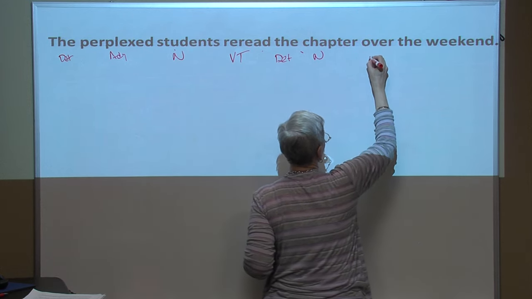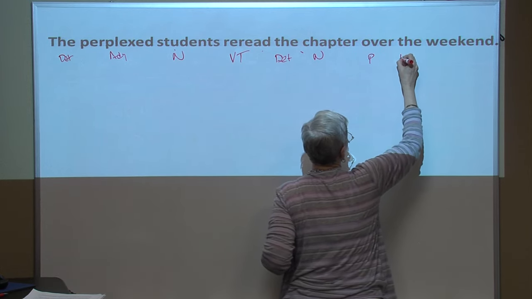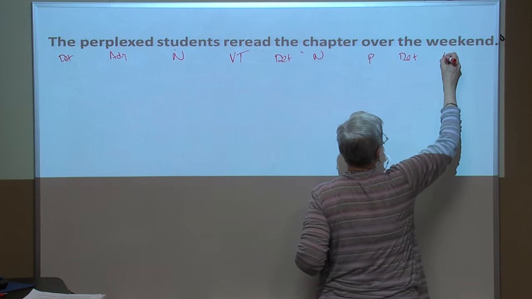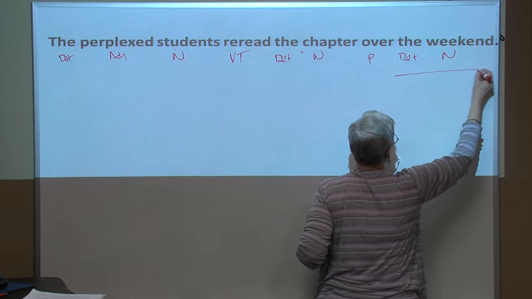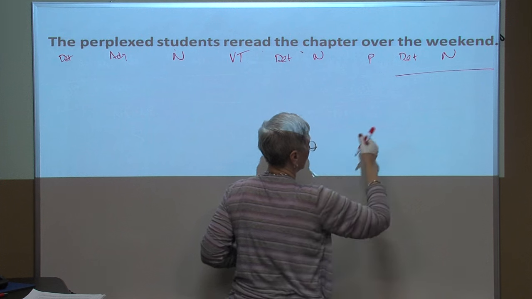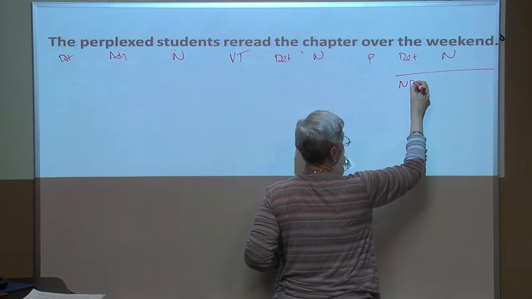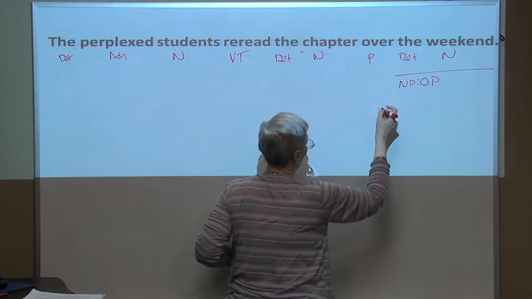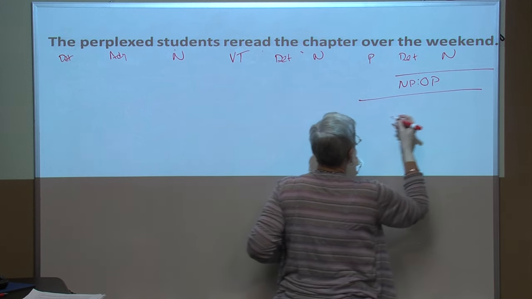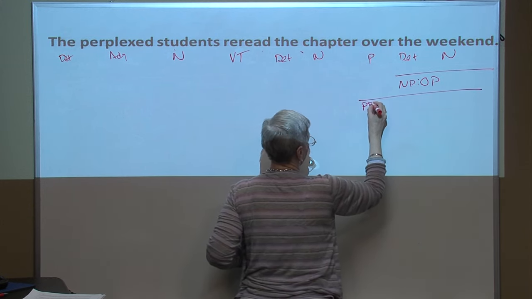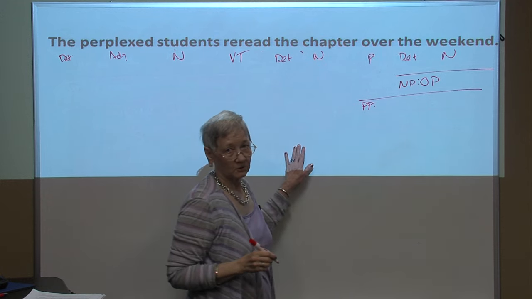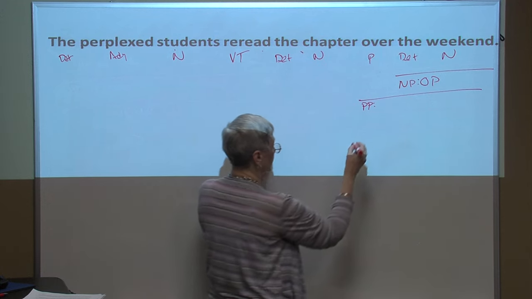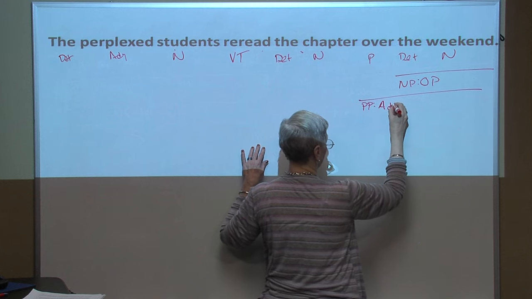Now we have the preposition over, determiner the, and noun weekend. Moving from right to left, the weekend is a noun phrase functioning as the object of the preposition over. We have a prepositional phrase then, and this prepositional phrase is functioning as an adverb of time.